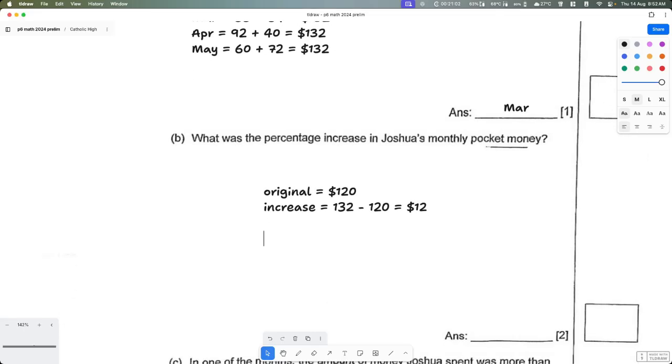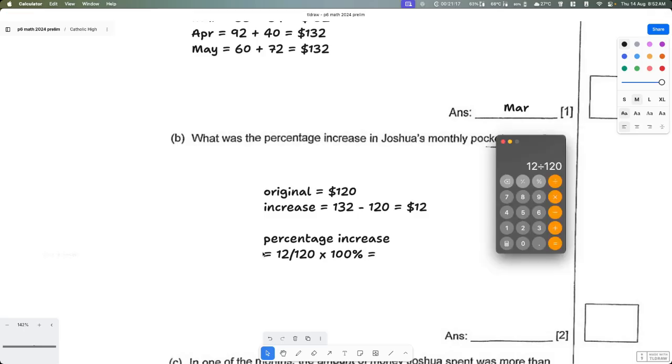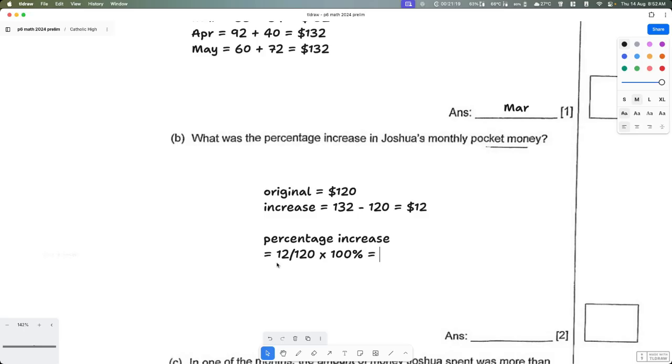So the percentage increase is equal to 12 out of 120, times 100 percent. This will give you 10%. So the answer is 10%. That's what you see over here.